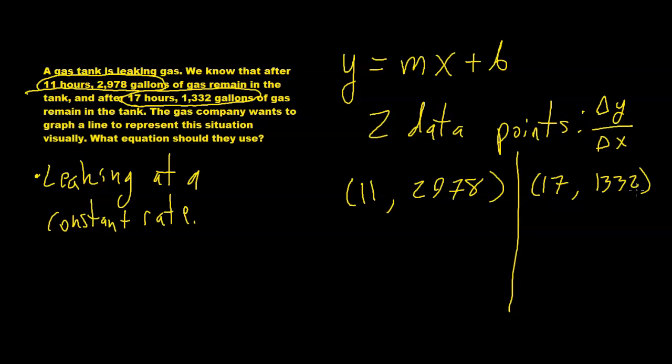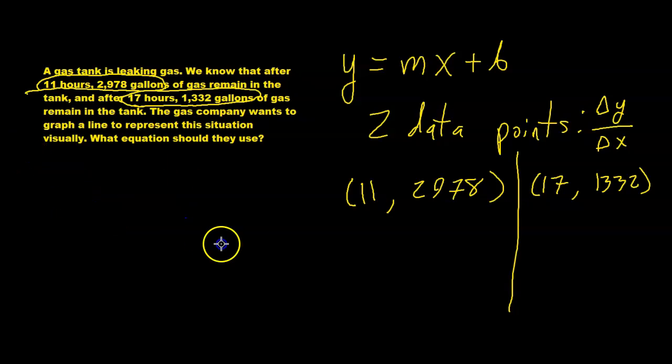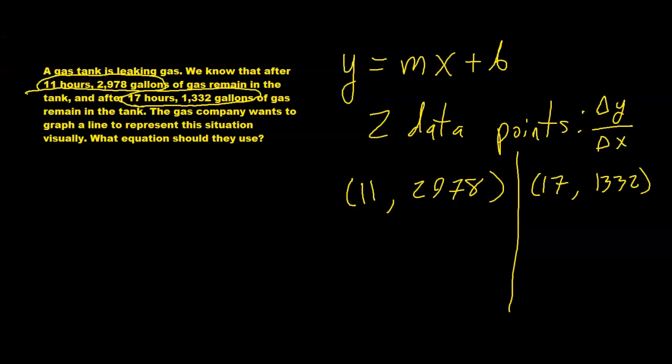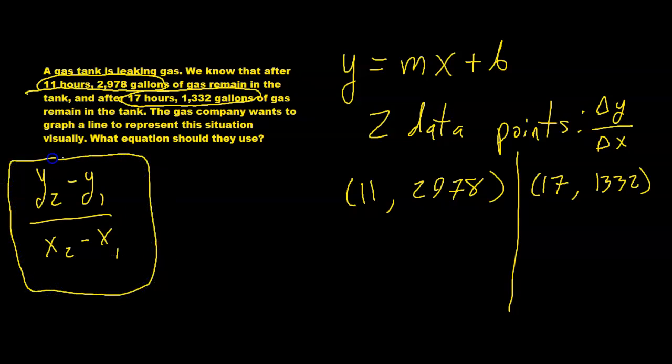Okay, so let me make some room over here. We're going to have to prepare to evaluate y2 minus y1 over x2 minus x1 to find the value of m. So which of these two points should be x1, y1, and which should be x2, y2?